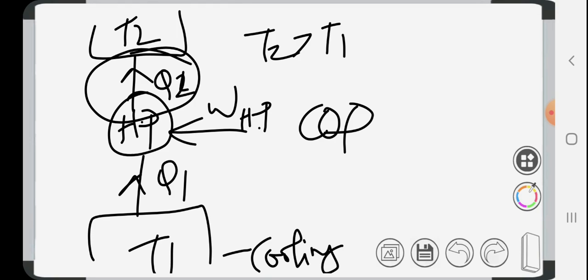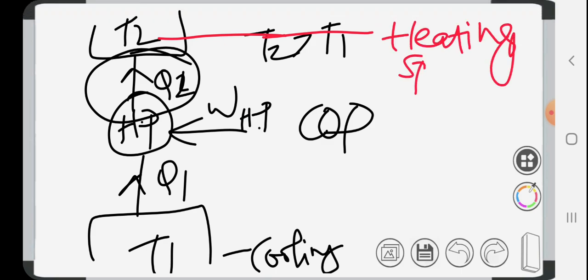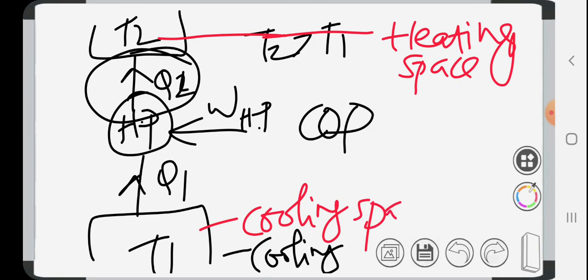So this is the heating space, and this is the cooling space. Basically heat pump and refrigerator are similar in working, but the desired effect is different in both cases.